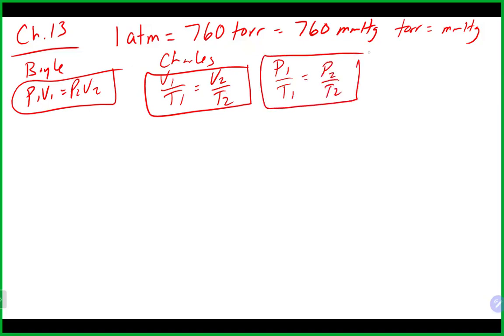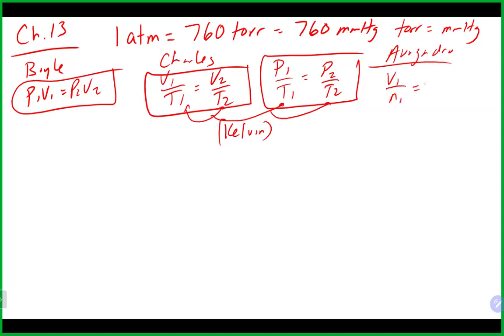As we also talked about, no matter what gas law it is, temperature always has to be in Kelvin, regardless of what units they give you and what they ask for. We also saw our friend Avogadro, and there, V1 over N1 equals V2 over N2. Here, N is the moles of gas.